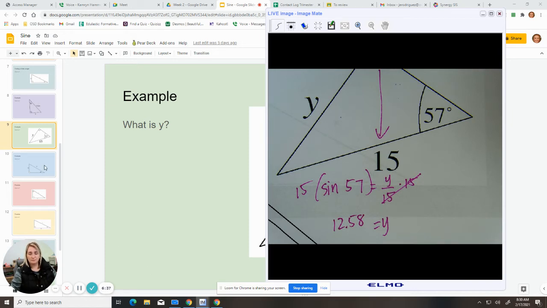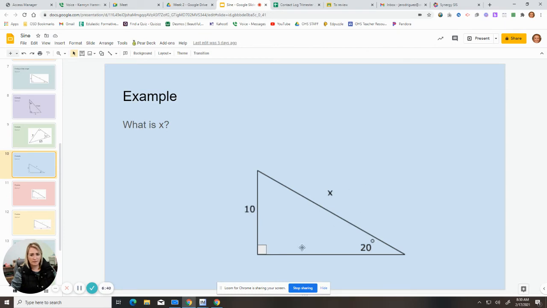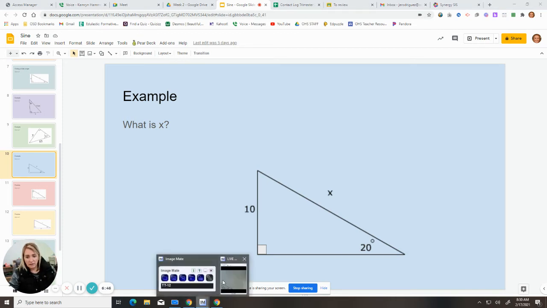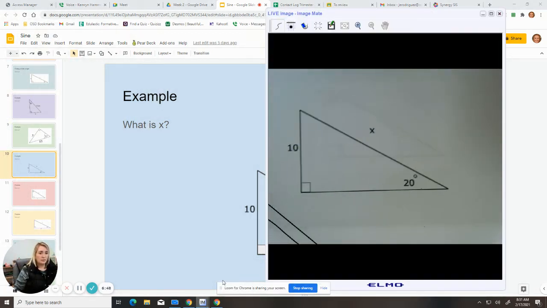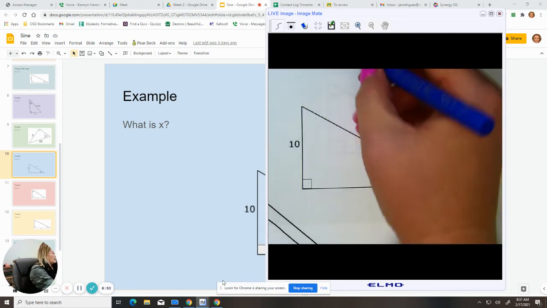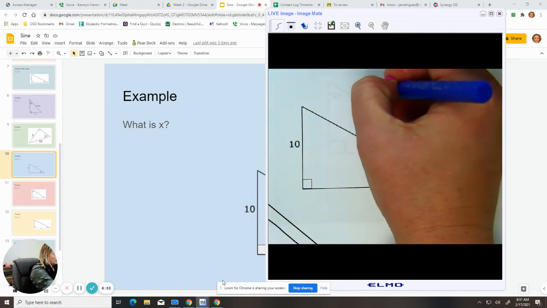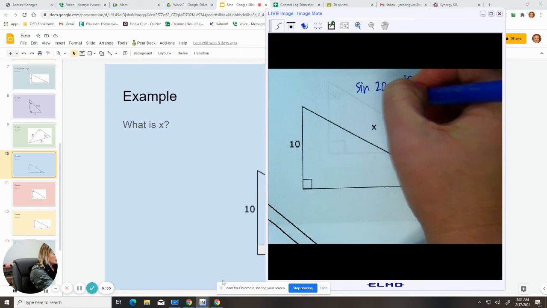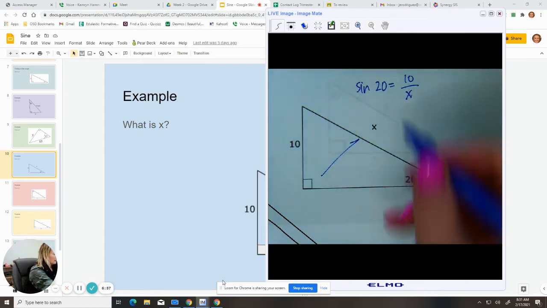So now we're going to do another one that is solving for the hypotenuse. Okay, same thing that we have been working on. So let's pull this one up. This is going to say the sine of 20 is equal to 10 over x. Remember, hypotenuse goes on the bottom.